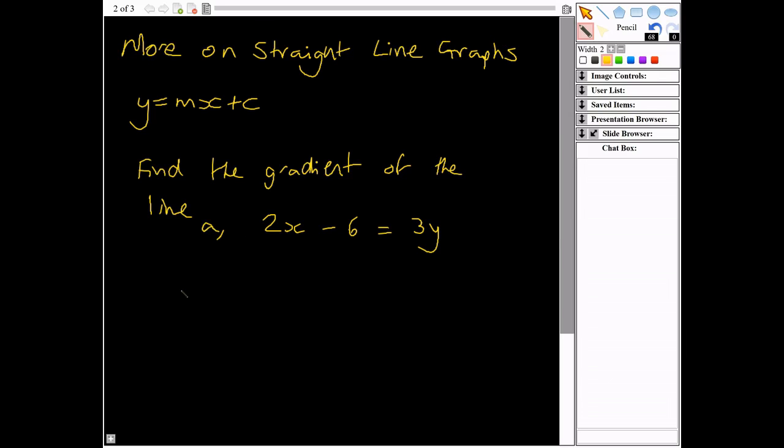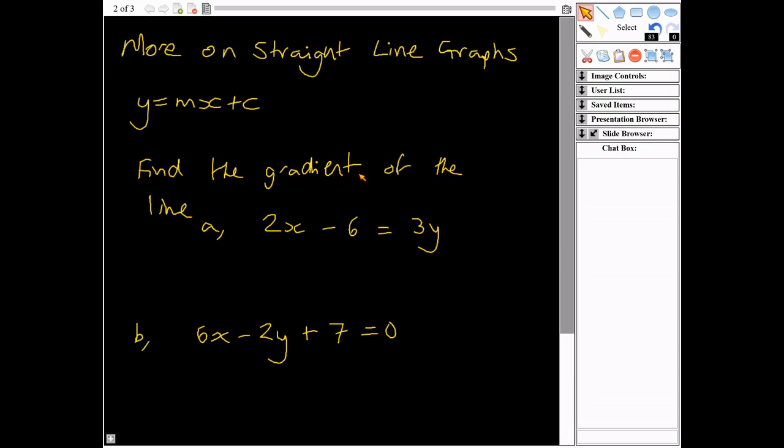Let's do that as A, and then let's do B. Let's say it might be 6x minus 2y plus 7 equals 0. Something like that. Now, I explained earlier that the gradient is this letter here, m, which is in front of the x in the y equals mx plus c. The gradient is this one.